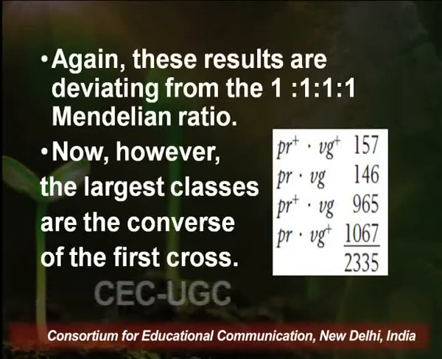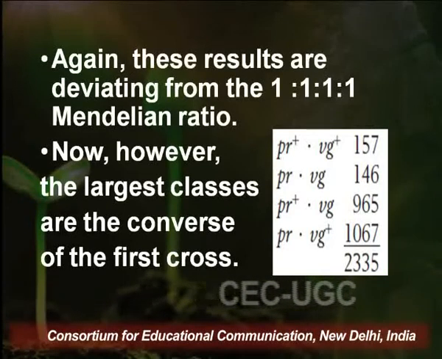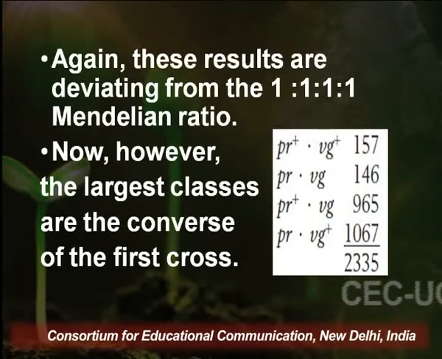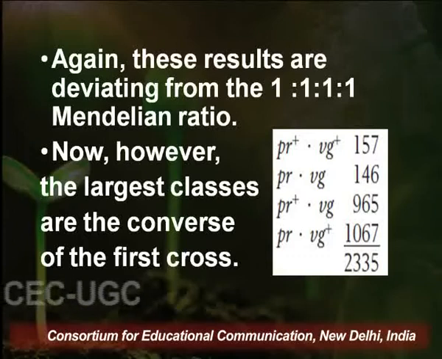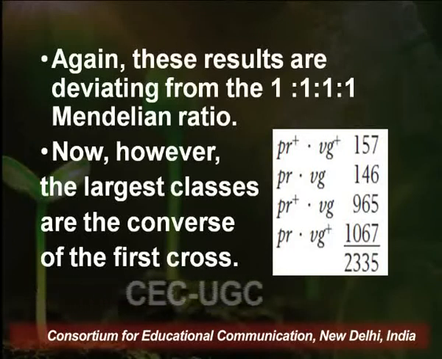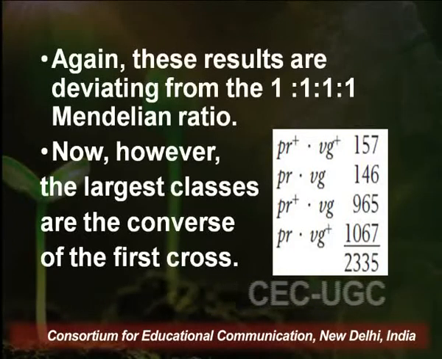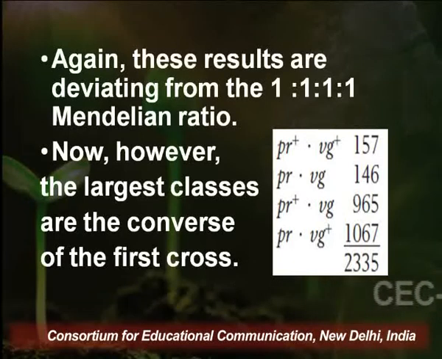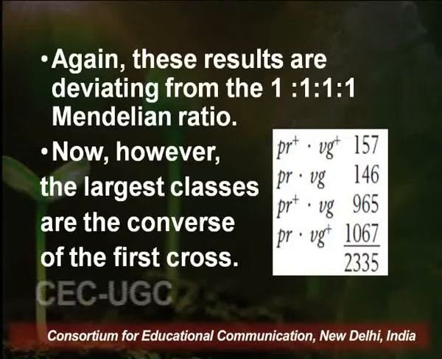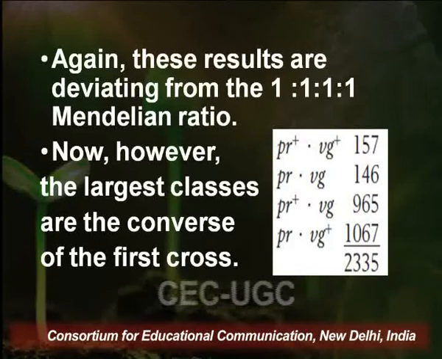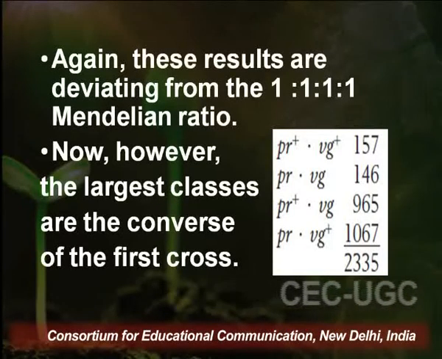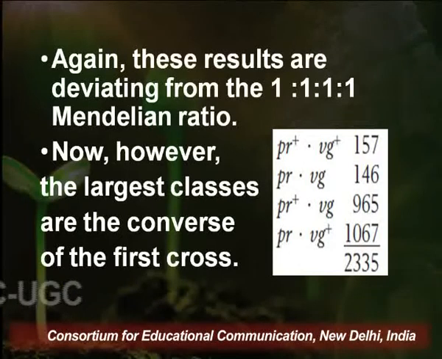It was far deviating from the expected Mendelian ratio. However, if you look closely on the screen, you would find that here the recombinants, that is the converse of the first cross, the largest class happens to be of pr and vg+, which is of the vestigial wings, the normal wings and the purple ones.